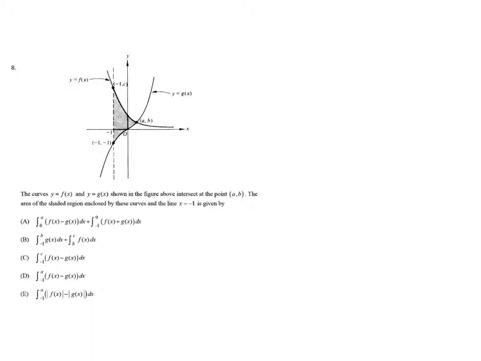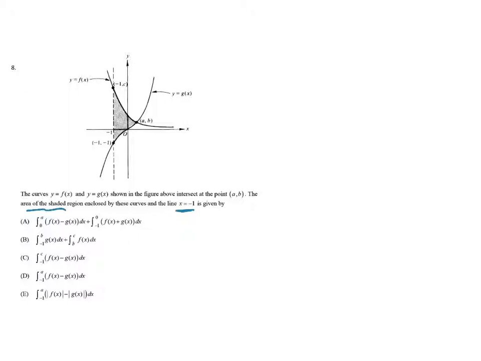All right, and for our last problem on this set, we are given an interesting graph here, and we are asked to find the area shaded and, let's see, enclosed by these curves and the line x equals negative 1, sorry. So I'm trying to find the area of that bounded region. So the first thing I would take note, notice you have a lot of different endpoints here.